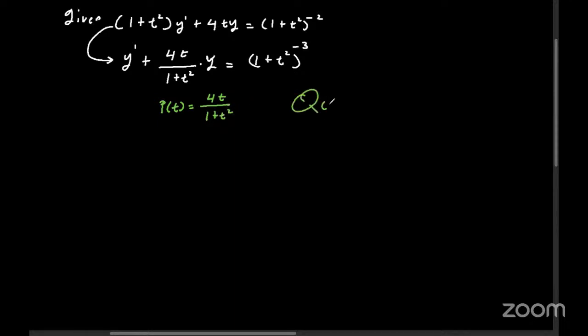Our q of t would equal 1 plus t squared to the negative third. Okay. And that's coming from y prime plus p of t y equals q of t. It does seem like that works.